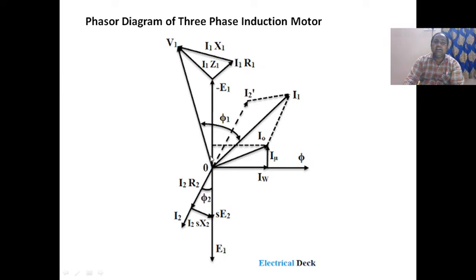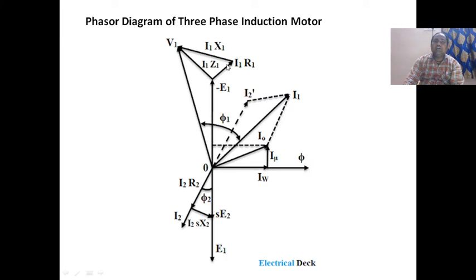Whenever E1 is there, minus E1 is in the opposite direction. Normally the supply voltage V1 in an induction motor is equal to minus E1 plus I1 R1 plus I1 X1. We need to find V1, so from minus E1 we draw the I1 R1.